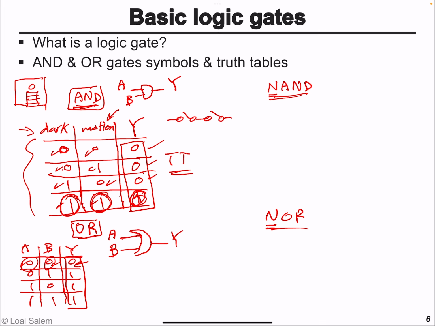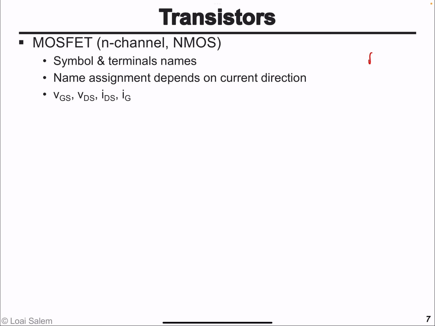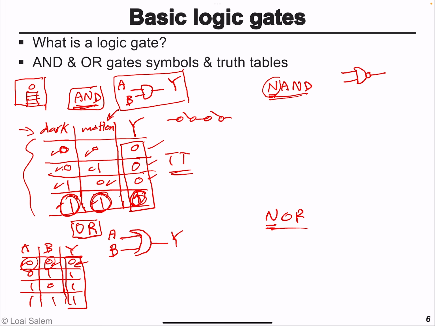The NAND function is just the complement of the AND logic gate. It looks like an AND gate, but we add a bubble at the output, and this means essentially not. It's as if you had added an inverter at the output of the AND gate.